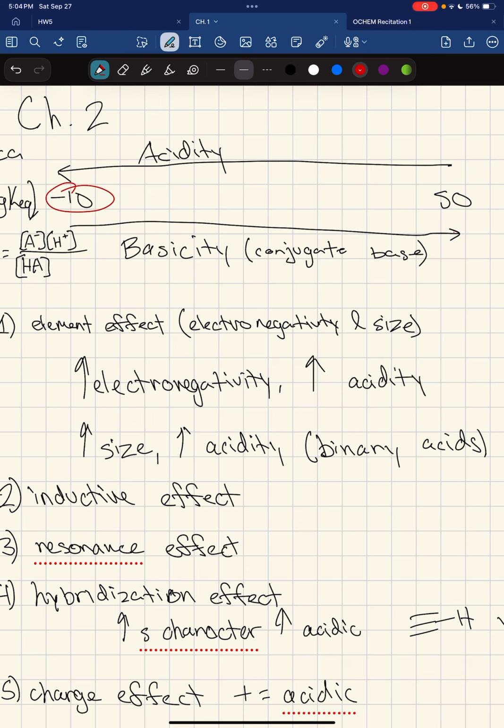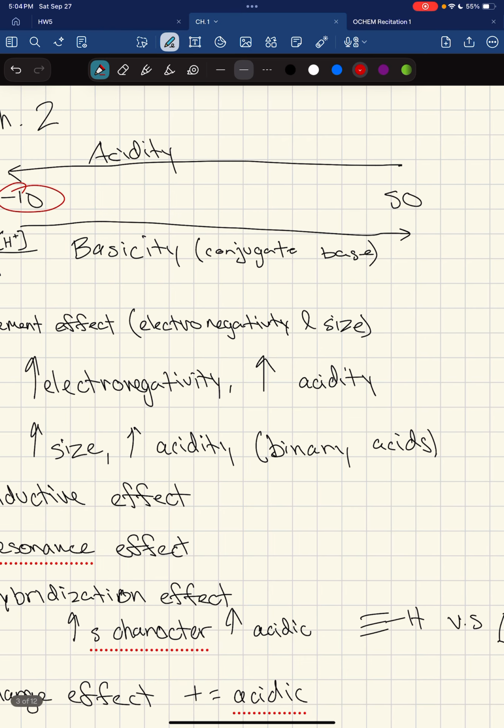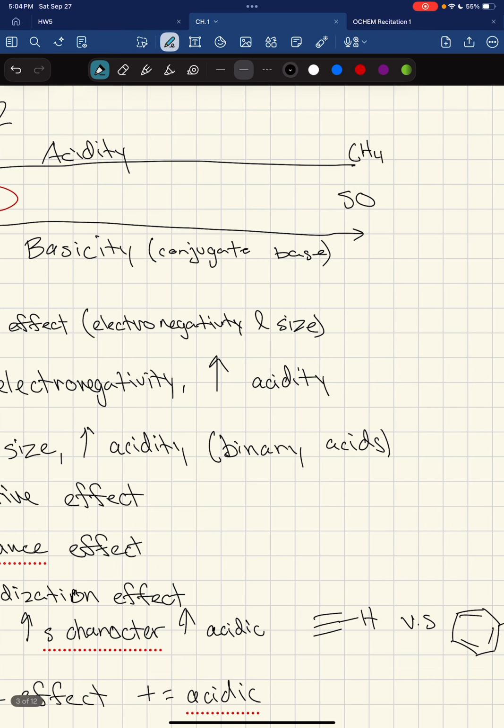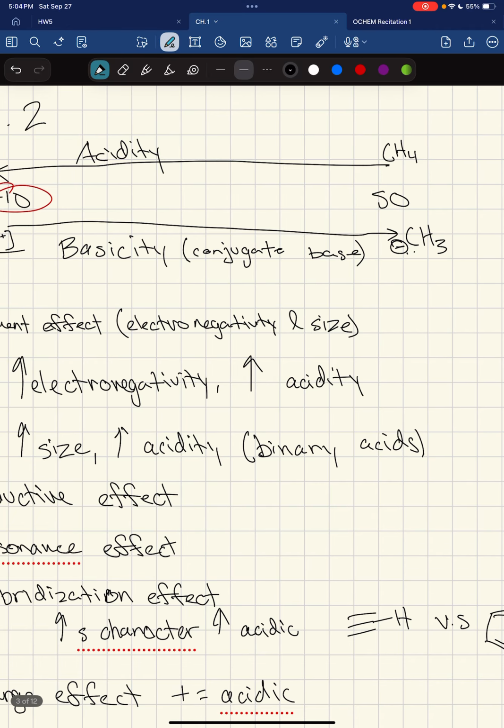If the pKa is very high, the conjugate base will be very basic. So for instance, we have CH4 up here. Not very acidic at all, actually. And the base, it's not really basic either, but the conjugate base of that molecule, the carbanion, is incredibly basic, if that makes sense.